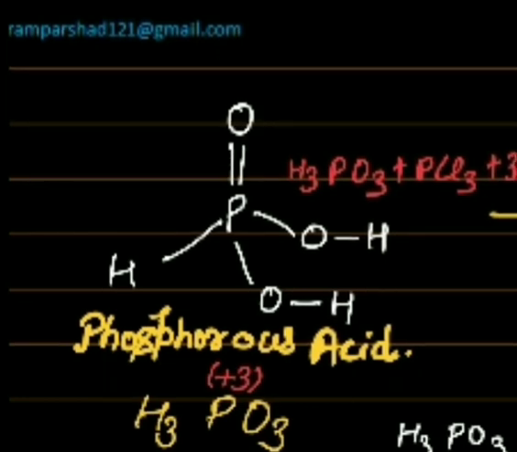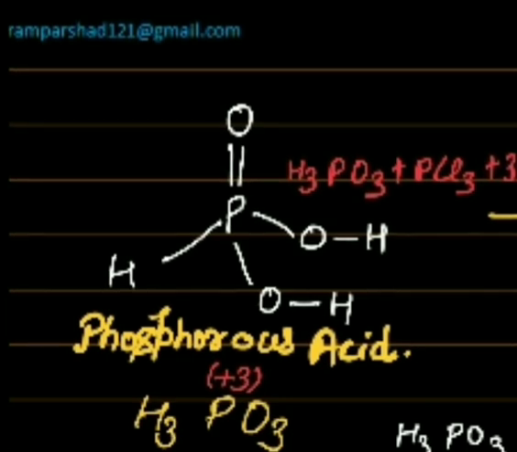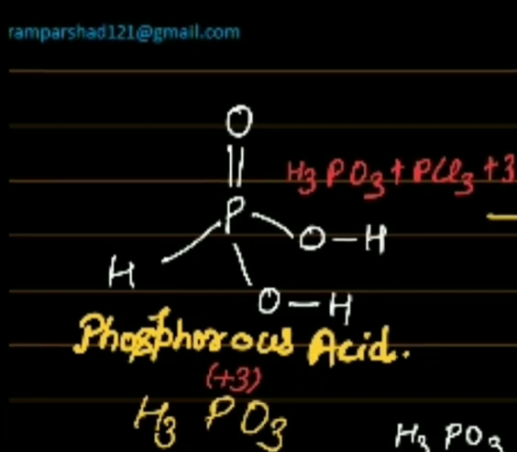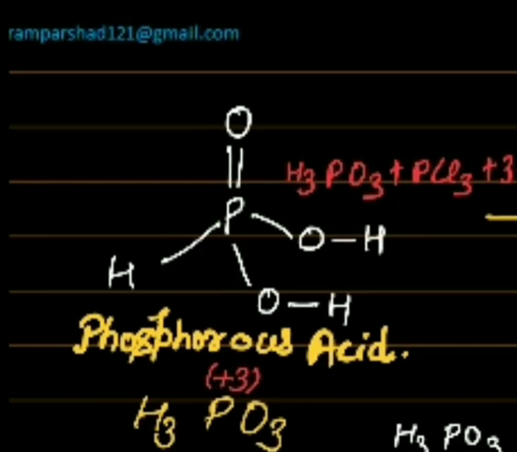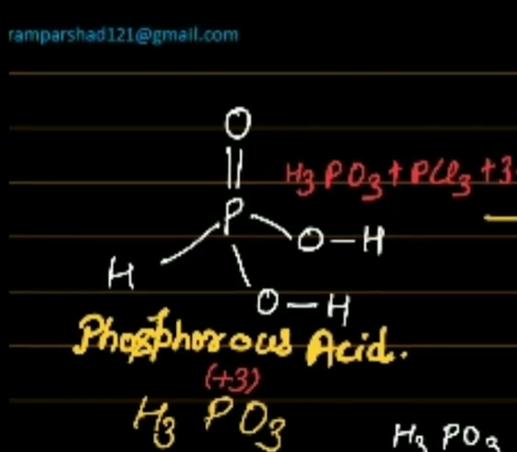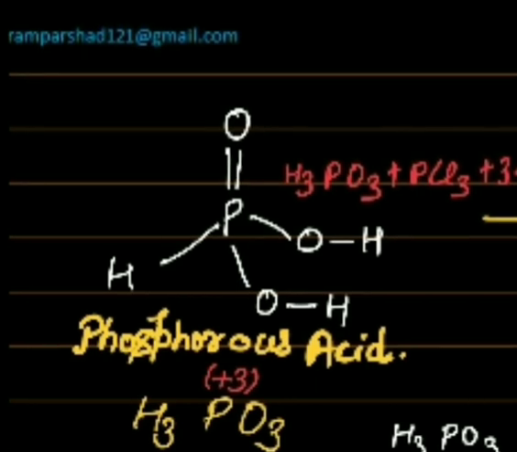So we have to join one hydrogen directly with the phosphorus and the remaining oxygen and hydrogen in the form of hydroxyl group. So in this way we can easily prepare the structure of orthophosphorus acid, or simply called phosphorus acid. So let us draw some information from this structure.